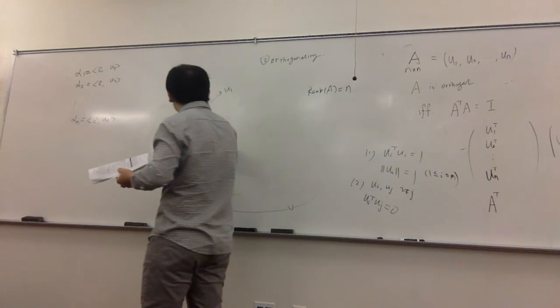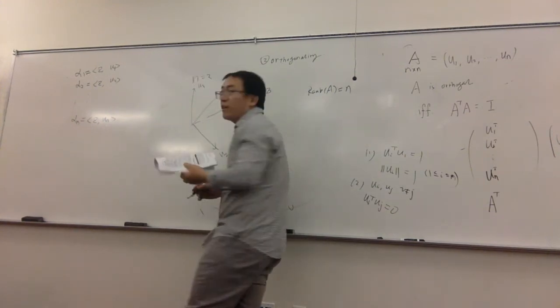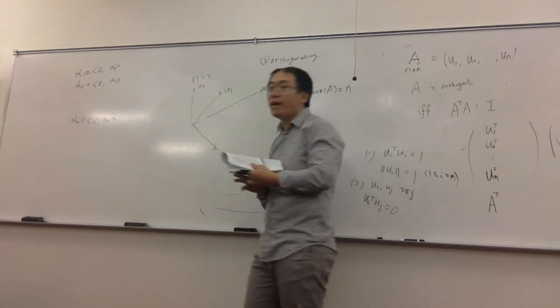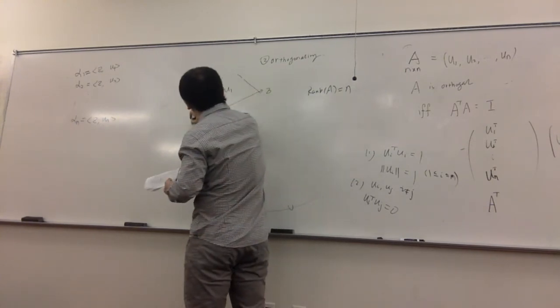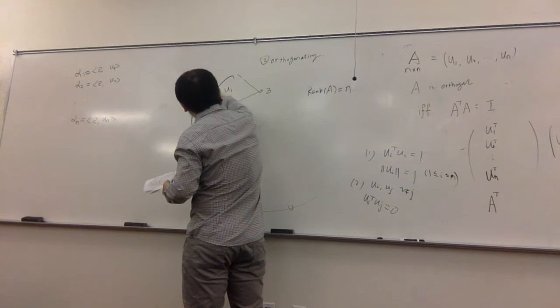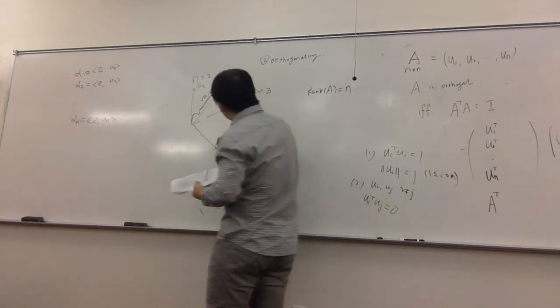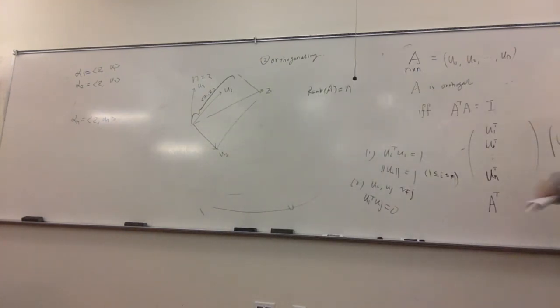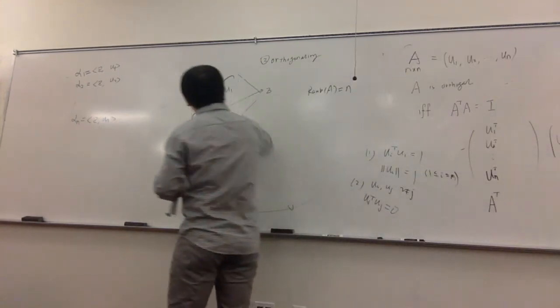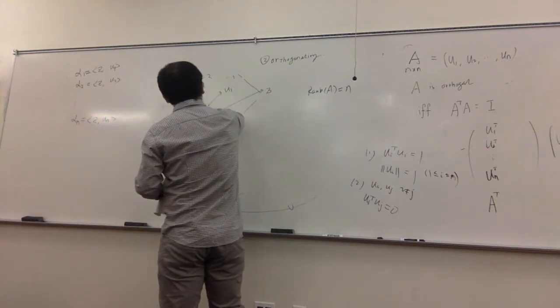And now, given a vector z, if I do the projection on u1, so I get u1, and projection on u2. So I should use the green marker.